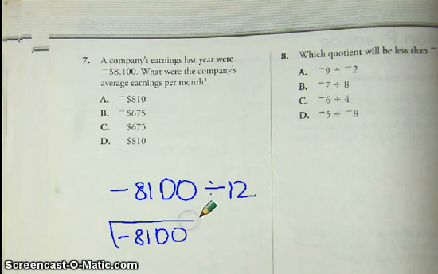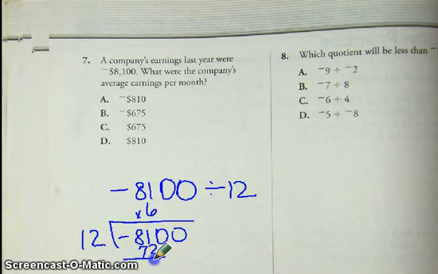So put 8,100 inside the house, 12 outside the house. 12 will not go into 8. 12 will go into 81 6 times, because 12 times 7 is 84. So 6 here, and this is 72. So this is 9. Bring down that next 0. And we just said that 7 times 12 is 84 here.